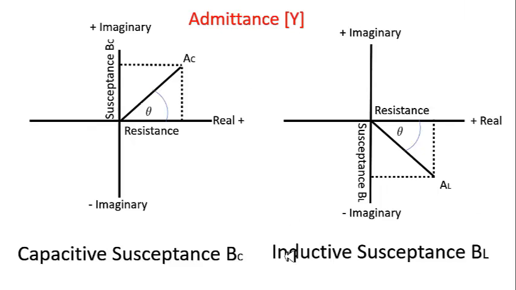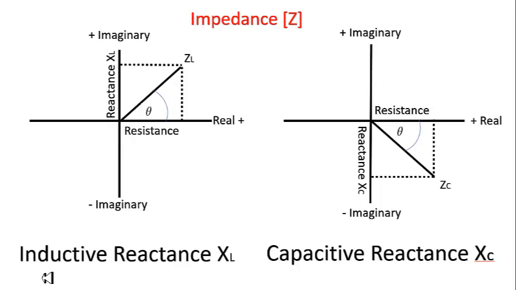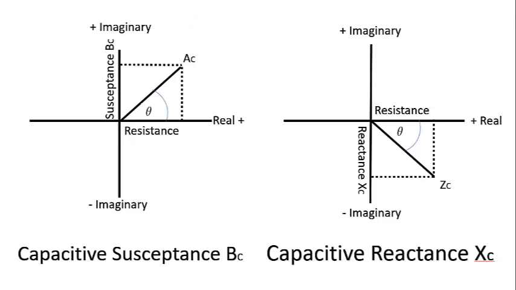So from this picture, it's easy to see that the capacitive susceptance and the inductive susceptance are complex conjugates of each other, just like the inductive reactance and capacitive reactance are complex conjugates of each other. But also, capacitive susceptance and capacitive reactance are complex conjugates of each other.